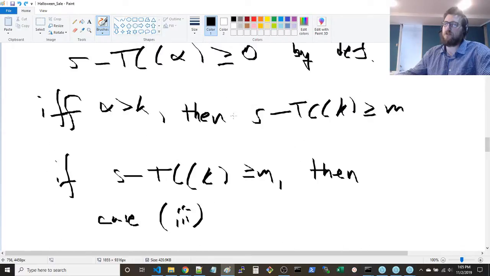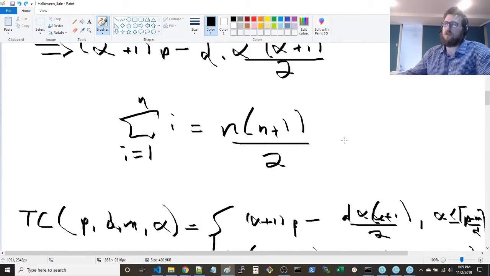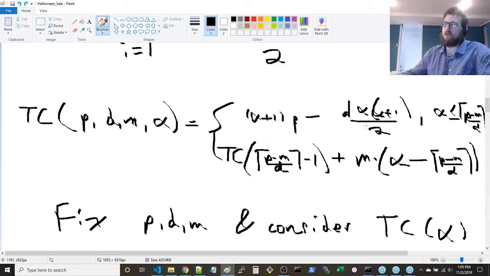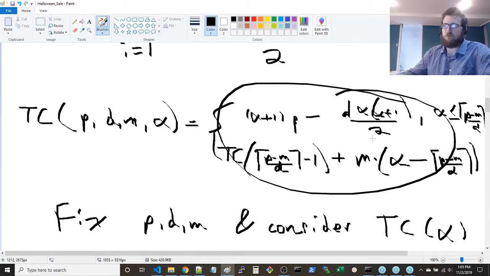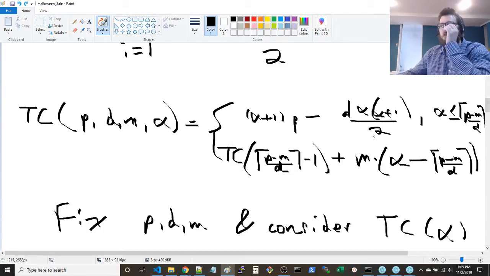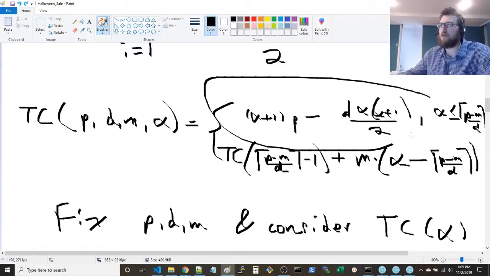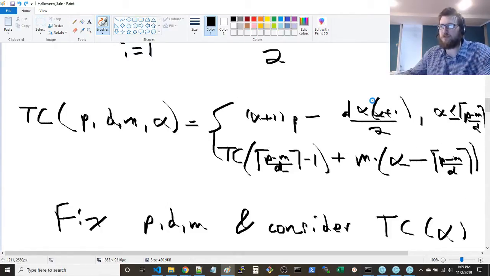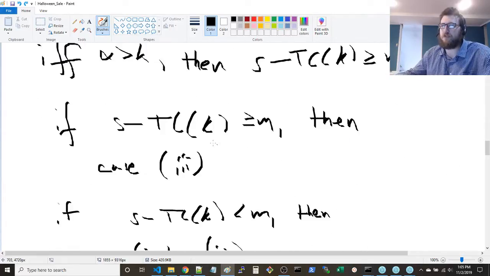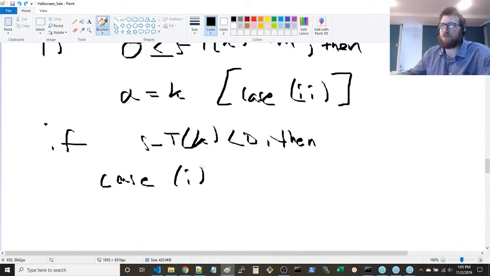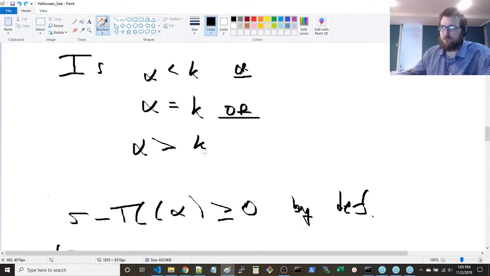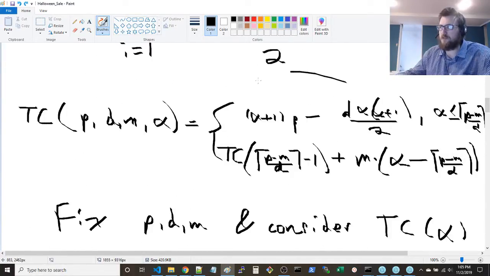Case 2 is you're somewhere between these two, so you don't have quite enough to get another one, but you do have enough to get all of this. That means that alpha is equal to k, which is the second case.